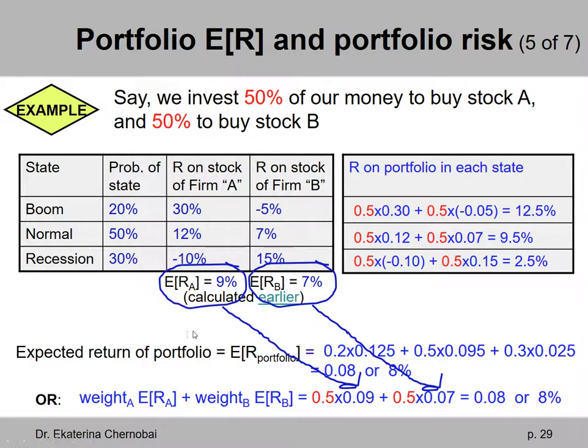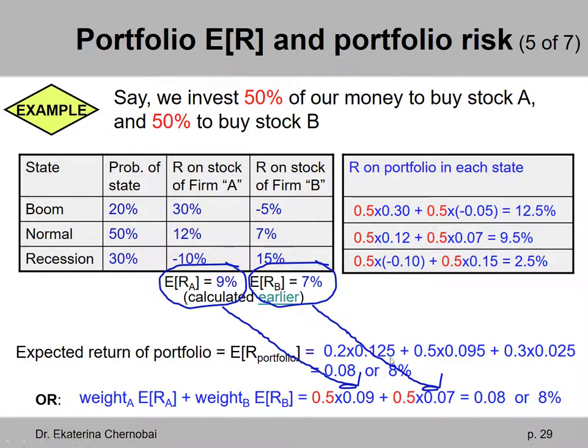In other words, the math you could do instead is take the weight of stock A, 50%, and multiply by the expected return on stock A, 9%. And then add the weight of stock B, 50% in our problem, multiplied by the expected return on stock B, which is 7%. This calculation again gives you an 8% expected return on the portfolio.